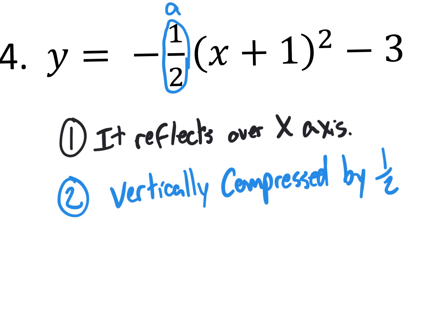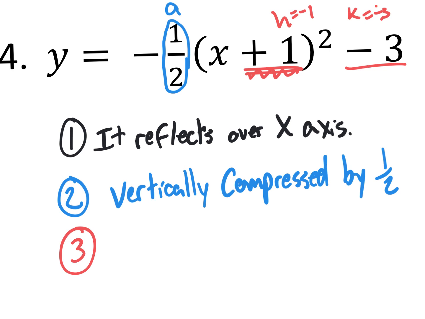It gets vertically compressed. And moving on to your h and k shifts. The h value is, think opposite, h value is -1. The k value is, take that for what it is, -3. Now remember, the h value is the x value of your vertex. And when we talk about x's, we're talking about a left or right shift. So -1 is actually 1 unit to the left.